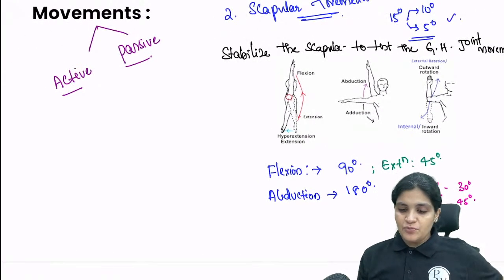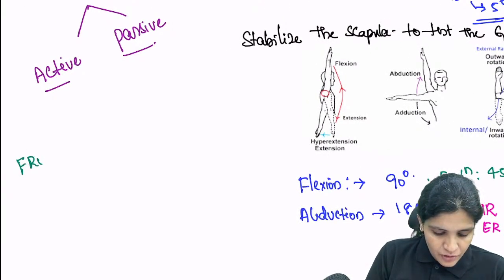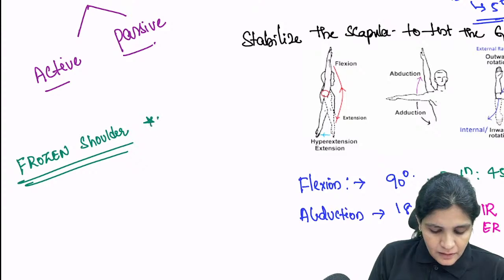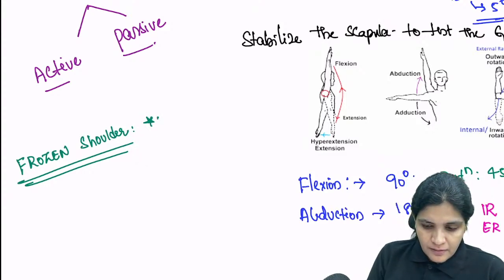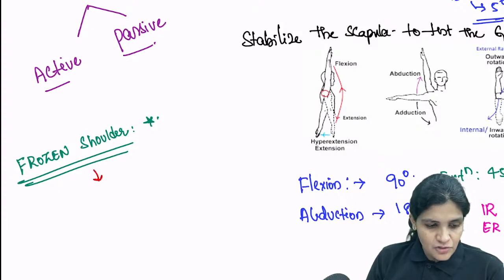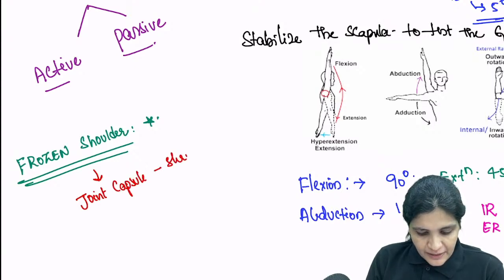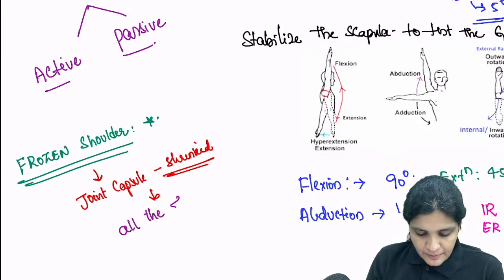So what do you think is one of the most important diseases? For example, in case of frozen shoulder, what is a frozen shoulder? Here, the shoulder joint capsule gets shrunk, and because of that all the movements will be restricted.